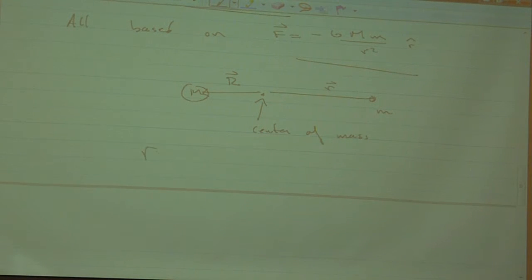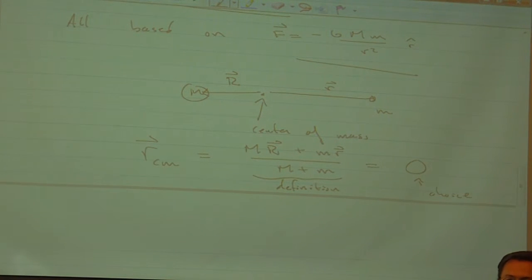The formula for R center of mass is capital M R plus little m r, over M plus little m. This is a weighted average. The center of mass definition is the weighted average of position vectors.